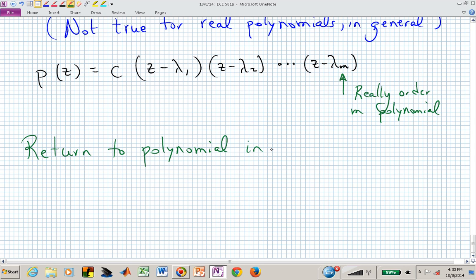So let's now return to a polynomial in t. So that now we have 0 is equal to a sub 0 v plus a sub 1 tv plus a sub 2 t squared v, etc., plus dot dot dot plus a sub n t to the n v.